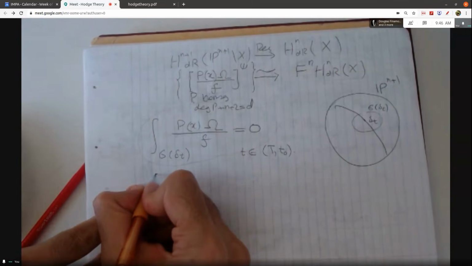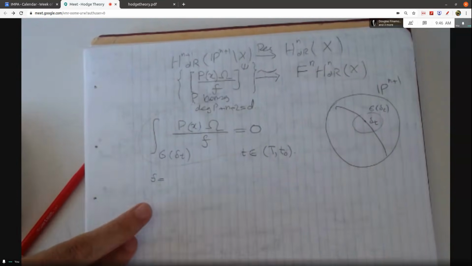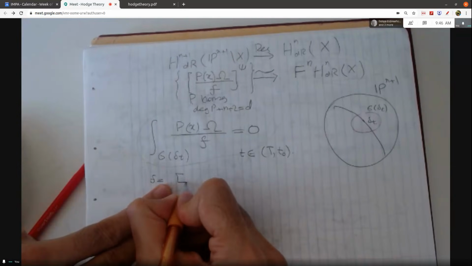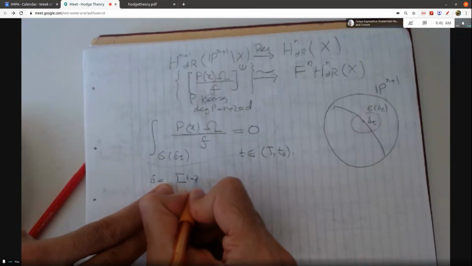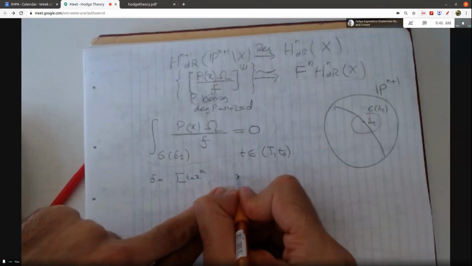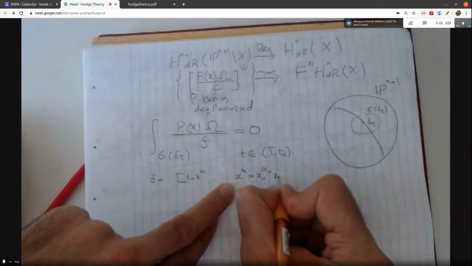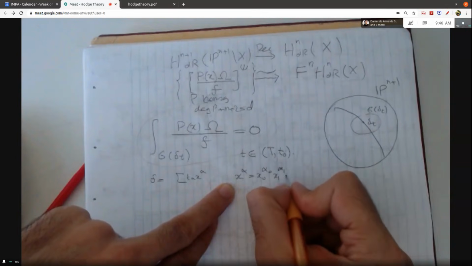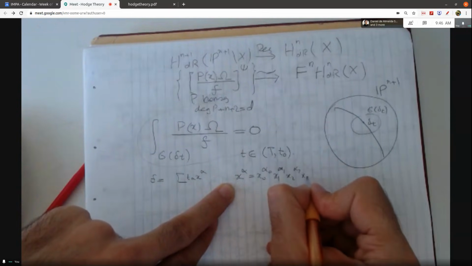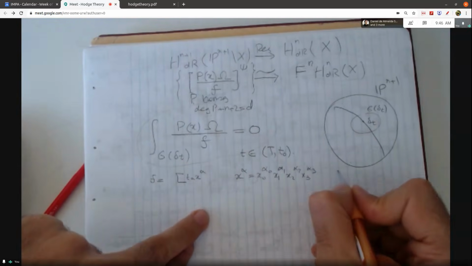Let's write F. So F is basically the sum of t_alpha x^alpha, monomials.